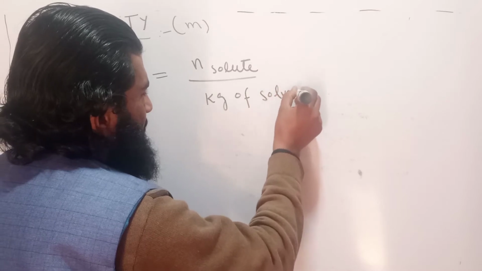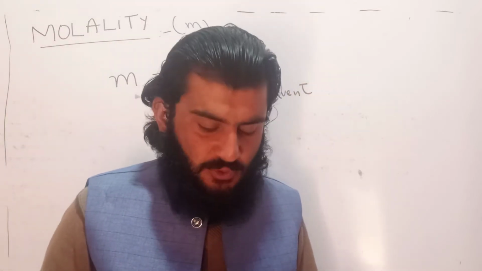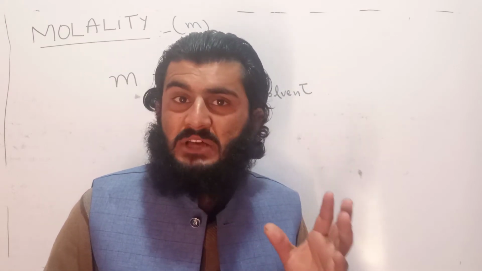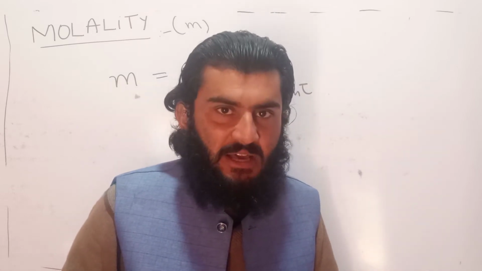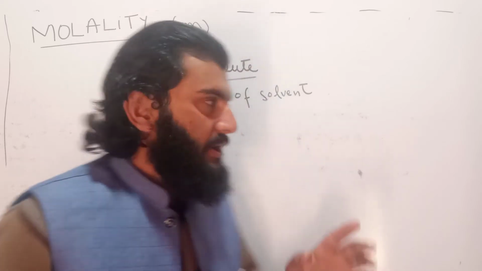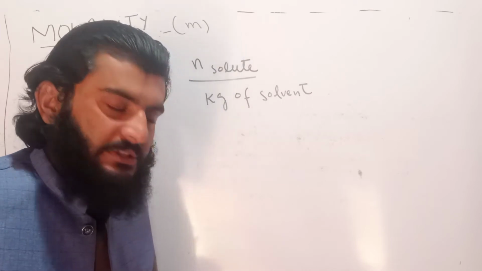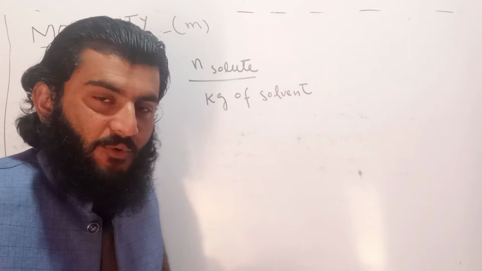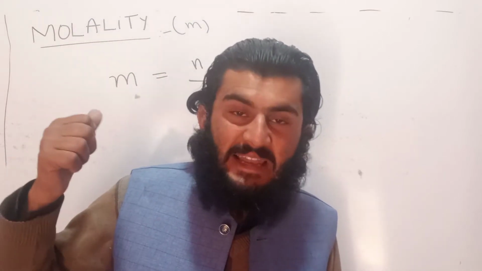Molarity is the concentration of a solution, which shows the number of moles of solute dissolved in a kilogram of solvent. Molarity is equal to number of moles of solute dissolved in kilogram of solvent. Easy? While we were discussing molarity, it is molality.